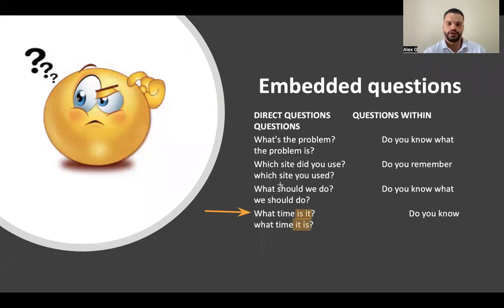Here we have should we, and here we have we should. So notice how we're going to invert the direct question and the embedded question, okay? They're going to be a little bit different, so make sure to practice and don't make the simple mistake of using it as a regular question, okay?